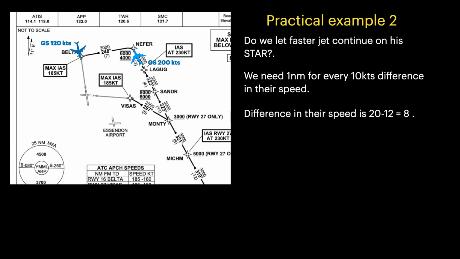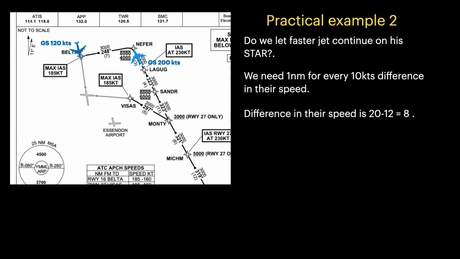Now in this situation, I'm using method number 2 to work out what distance the aircraft at NEFA needs to be from the guy at Belter. You can see the difference in speed is 8, 20 minus 12, because the guy at NEFA is doing 200 knots, which is probably not unusual.